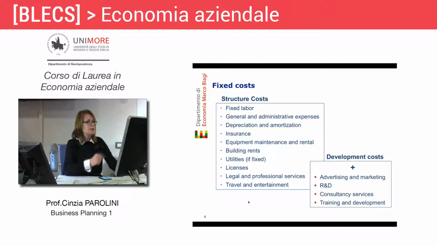Examples of fixed costs are listed in this slide. As we have seen, fixed costs have to be divided into two main groups: structure cost and development cost. Structure costs are linked to capacity. Examples of fixed cost linked to capacity, that is structure cost, are fixed labor, general and administrative expenses, depreciation and amortization.